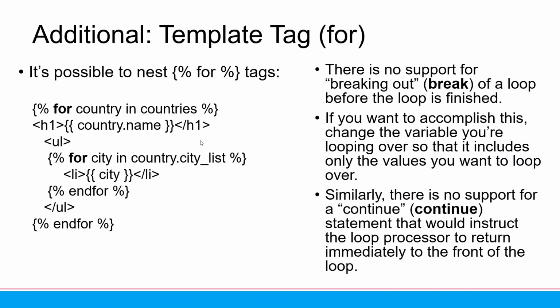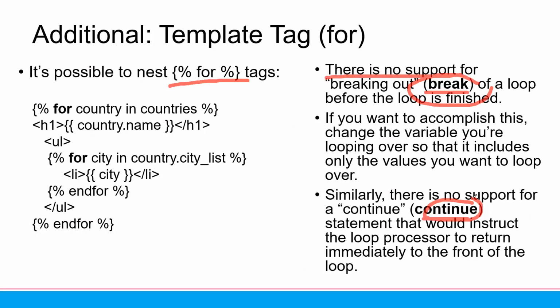The for loop in Django, it is possible to nest the for, but there is no support for break. In Python, you can learn with break and continue. But in Django, there is no break, there is no continue.